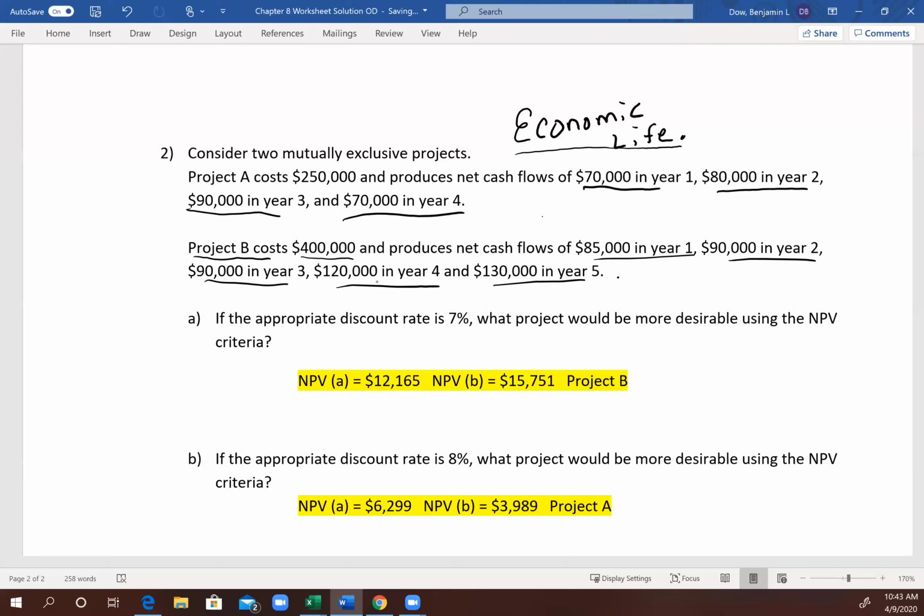That's why we don't evaluate these at the end of the life of the project, because both of these projects don't have the same ending year, but they do both start at year 0. So that's why we use net present value, and we evaluate the benefits minus the cost at year 0. And that gives us the net present value.